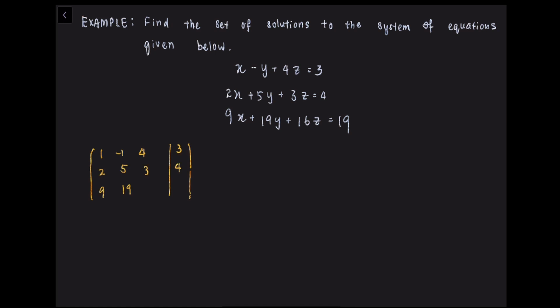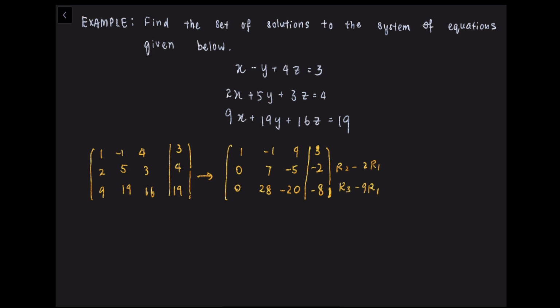And then for the new third row, we have the old third row minus 9 times row 1. For the second step, the new third row is the previous matrix third row minus 4 times the second row.